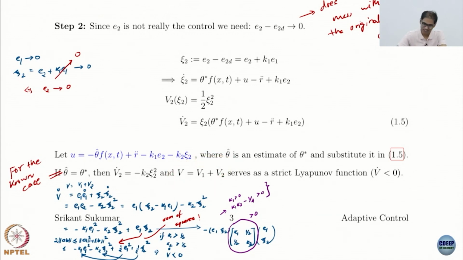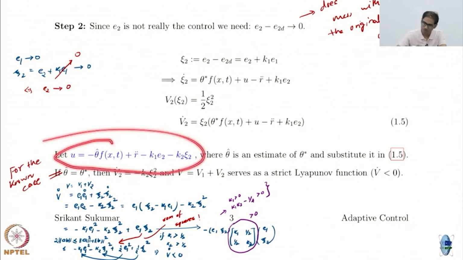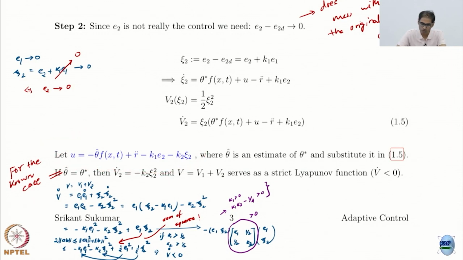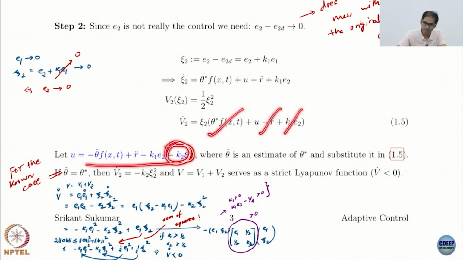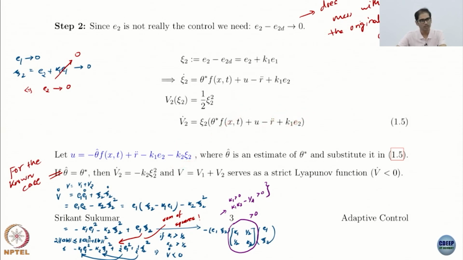We have chosen a control even before we did that analysis, right from here. How do we choose it? Basically cancel this guy, cancel this guy, cancel this guy, and introduce a good term. That is all we are doing. This is cancelled, this is cancelled, this is cancelled, and a good term is introduced in psi2. Okay, this control works.